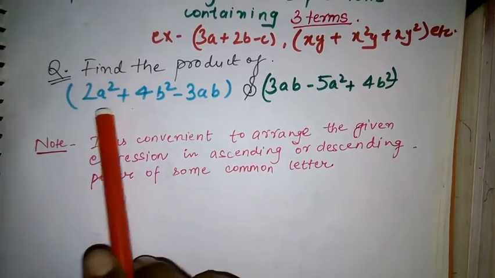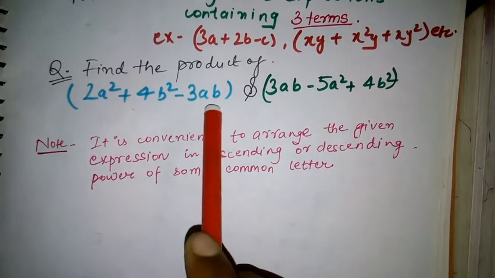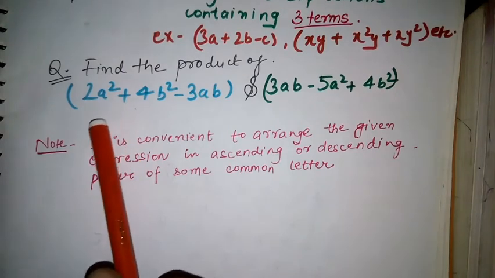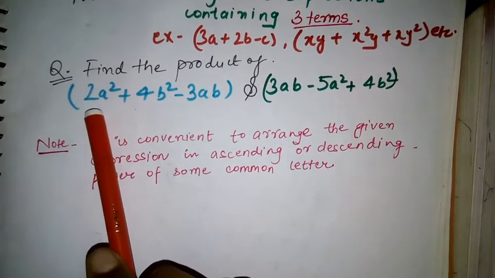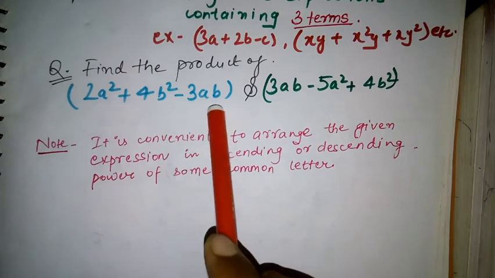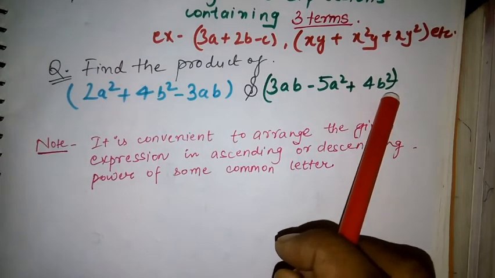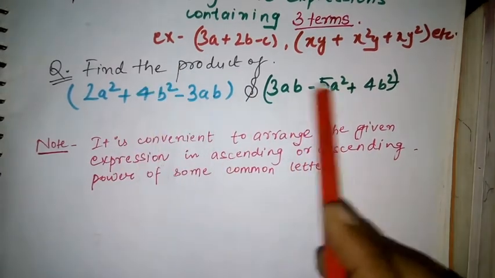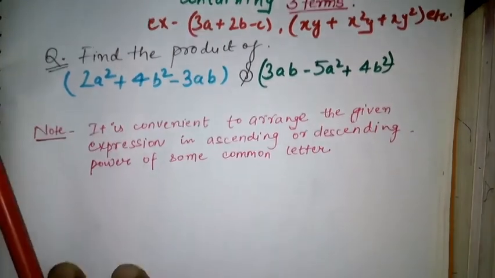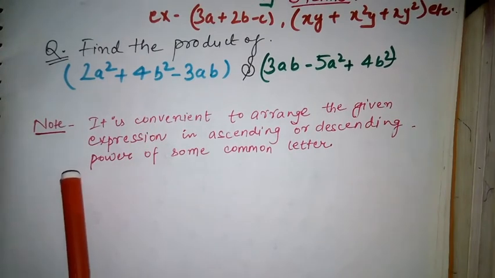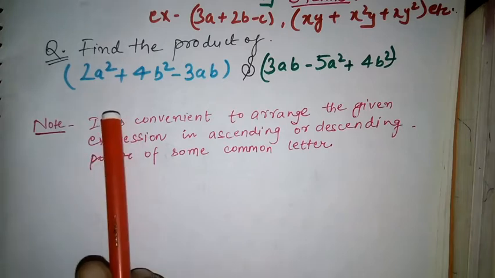Let's see, I have taken an example: find the product of these two trinomial expressions. Our first expression is 2a square plus 4b square minus 3ab, and the second is 3ab minus 5a square plus 4b square. In both these expressions we can see that the terms are not arranged according to the ascending or descending powers of a particular letter.